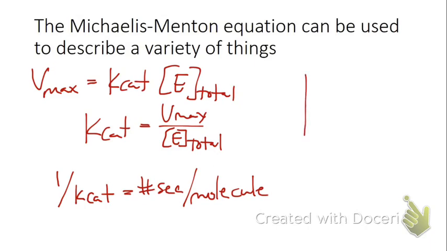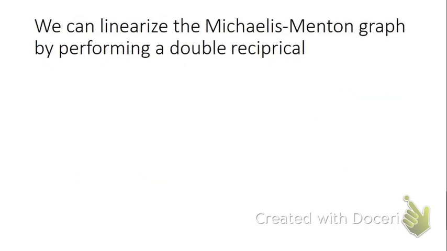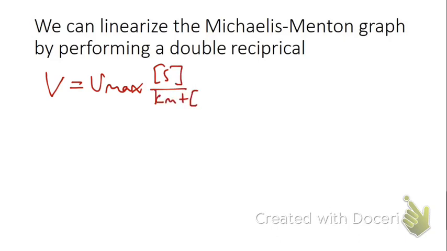But in class we had mentioned trying to find Vmax from that curve is not as precise as it could be. And so what we can do is we can take the double reciprocal of our Michaelis-Menten equation to where we get this.